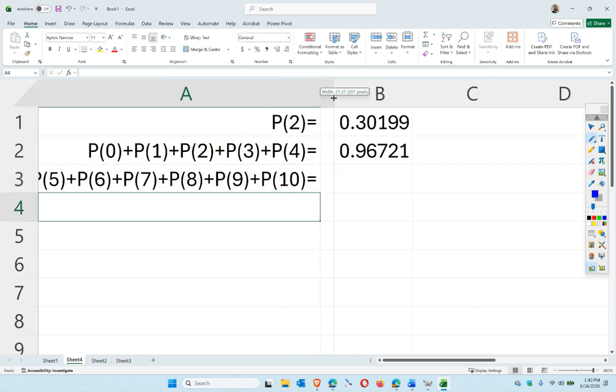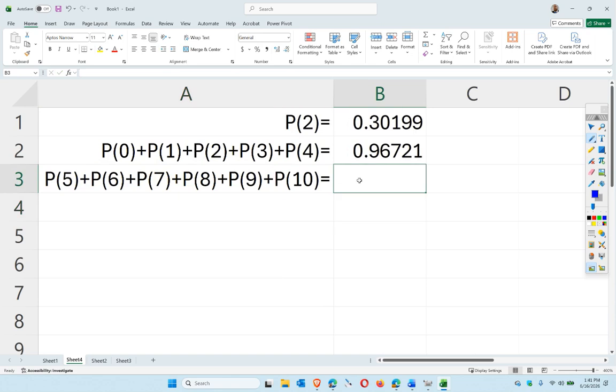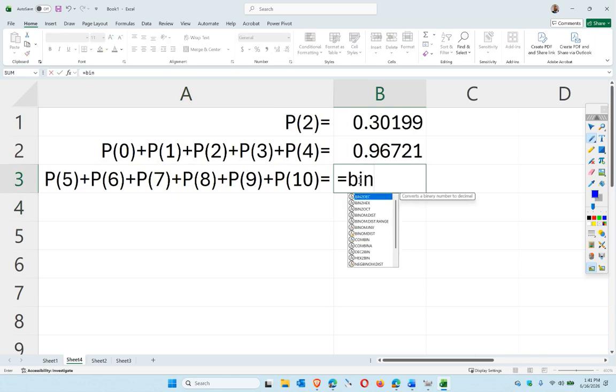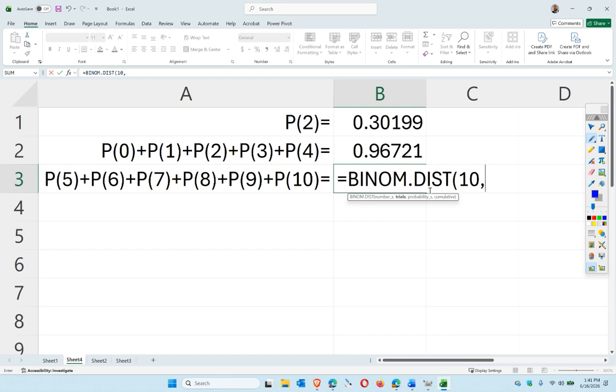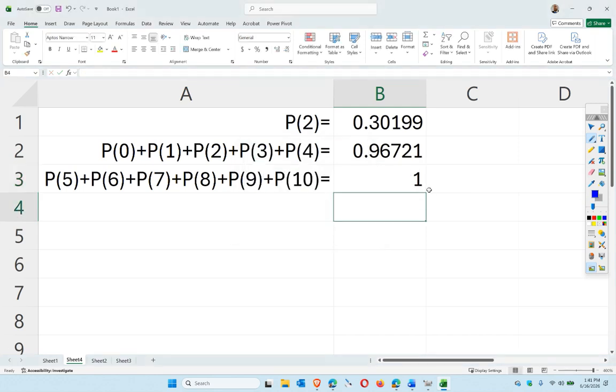Okay, so if we do this function here, and we do the binomial distribution, and we go to 10, comma, 10, comma, 20%, comma, true, the problem is I'm going to get an answer of 1. Let me shrink this down a little bit.